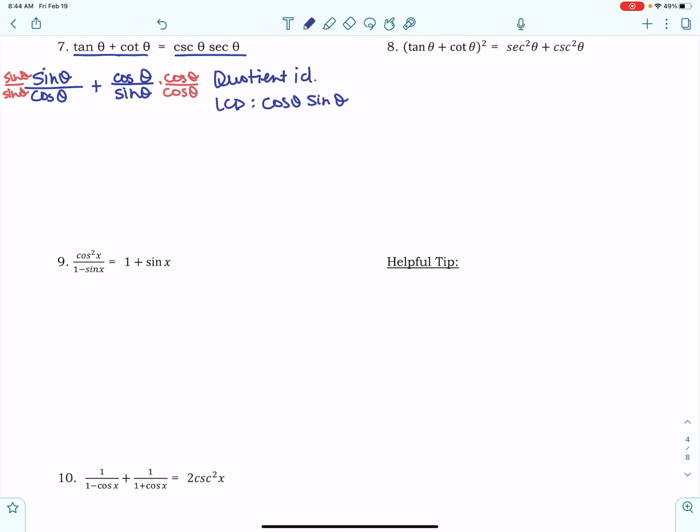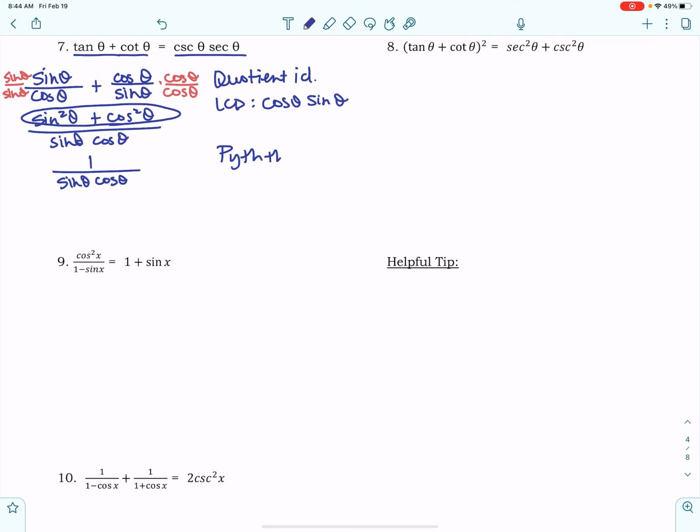All right, so once I do that, I end up with sine squared theta plus cosine squared theta over sine theta cosine theta. And then, of course, if you'll recall from your identity sheet again, I can replace sine squared theta plus cosine squared theta with a 1. And that, of course, is one of my Pythagorean theorem identities.